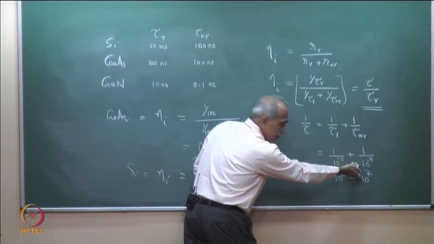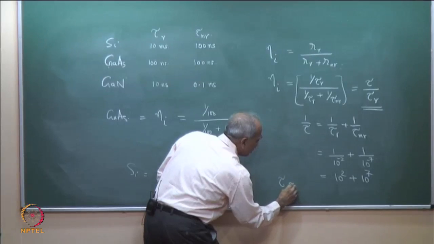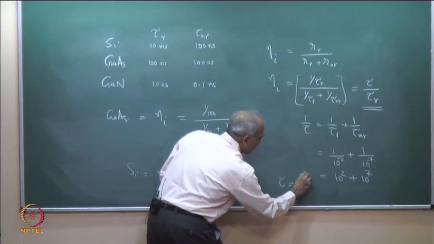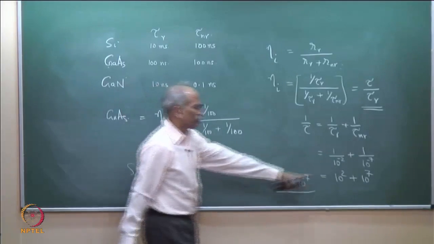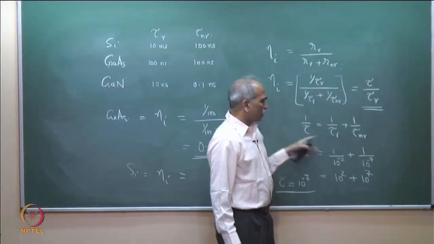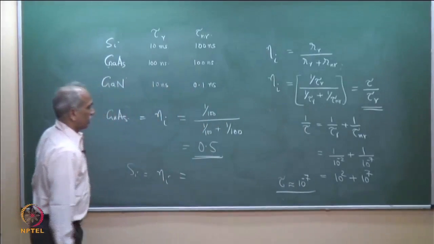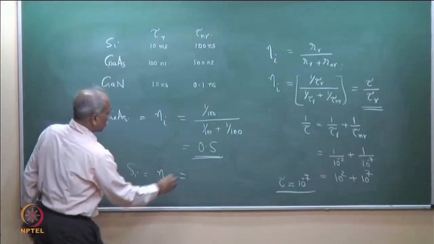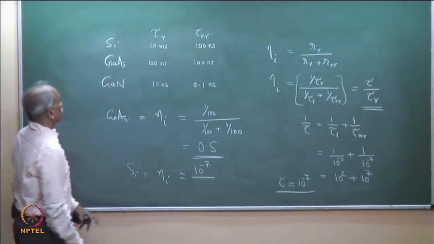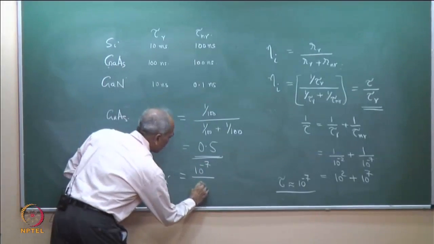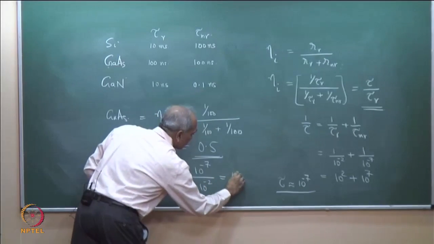Therefore, 1 over tau is about 10 to the power 7, and tau is approximately 10 power minus 7. Therefore, eta I is 10 power minus 7 divided by tau R, where tau R is 10 millisecond, so 10 power minus 2.